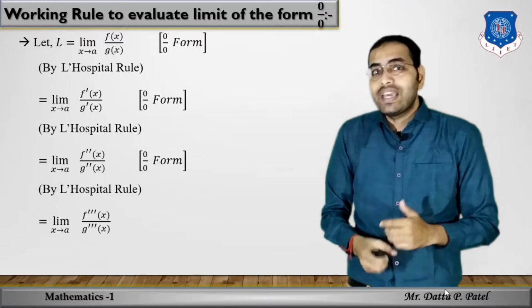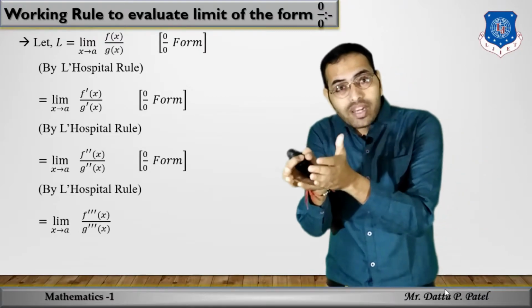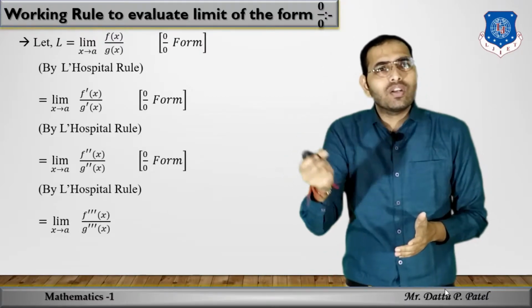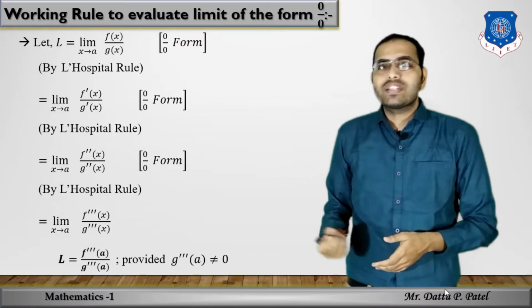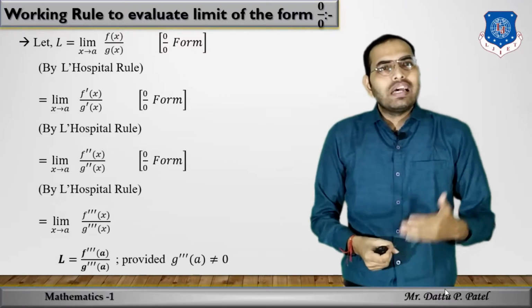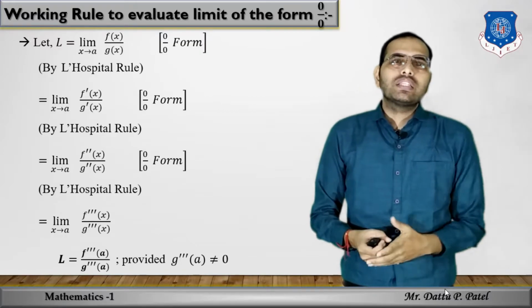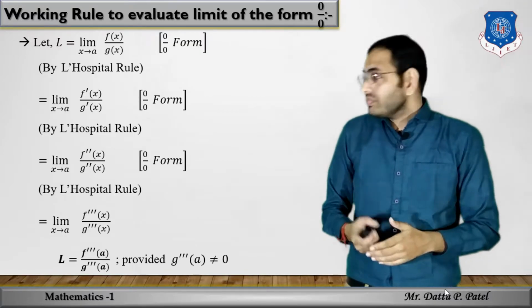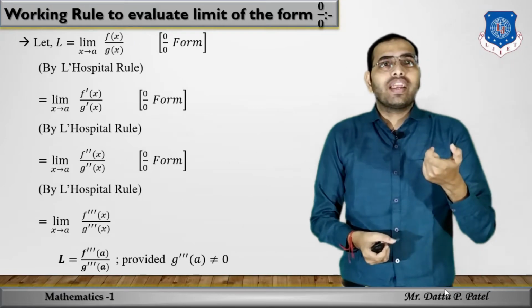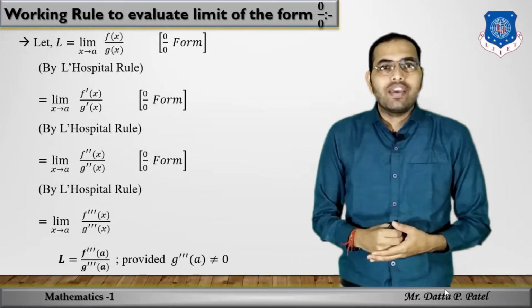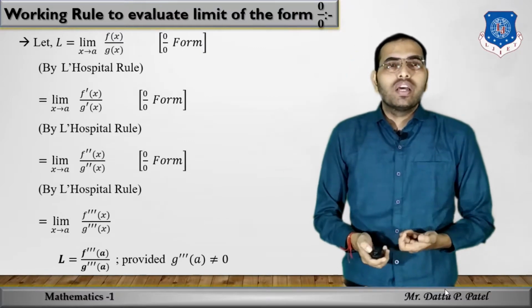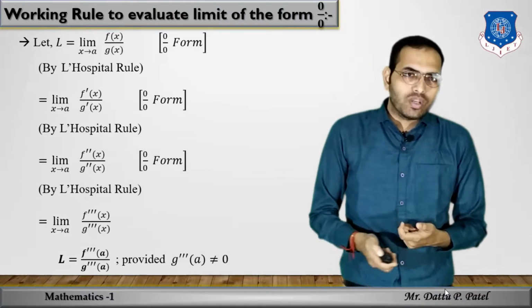Again check whether it is 0 by 0 form or not. If it is 0 by 0, then again apply the L'Hopital rule. Then it becomes limit x tends to a, f triple dash of x upon g triple dash of x. Now here we get capital L equals f triple dash of a upon g triple dash of a, where the denominator portion must not be equal to 0.